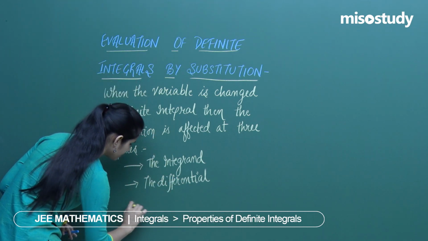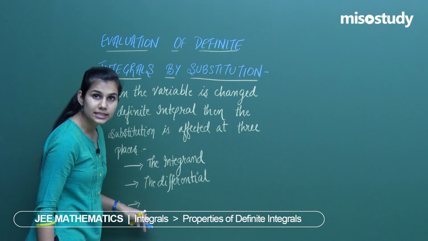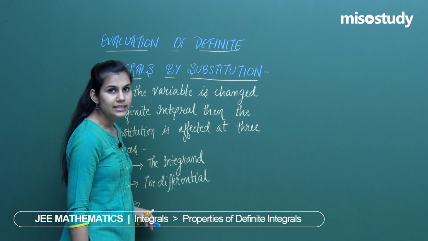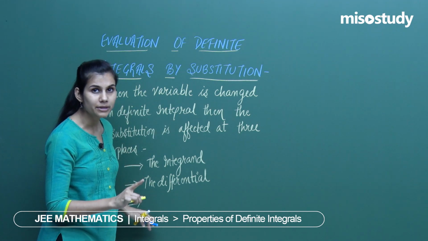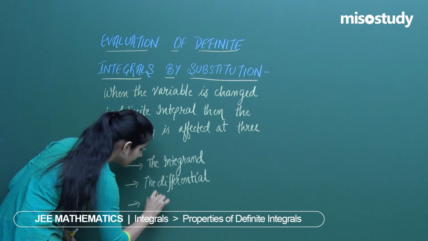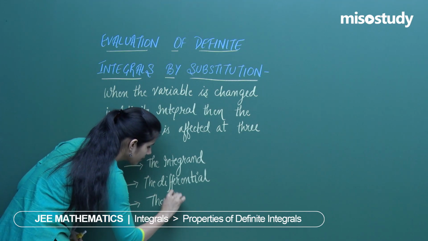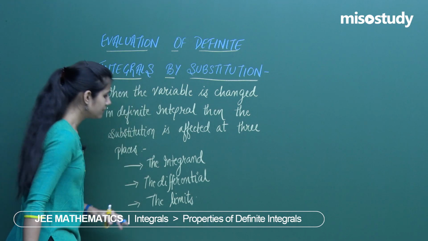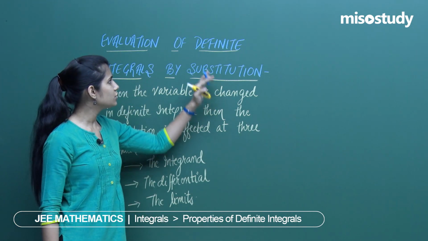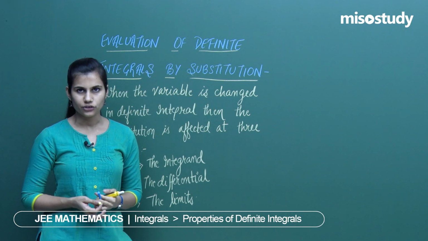And the third, because it's a definite integral, and what makes an integral definite is the incorporation of the upper and lower limit, therefore, limits happen to be the third thing which gets affected due to substitution in a definite integral.